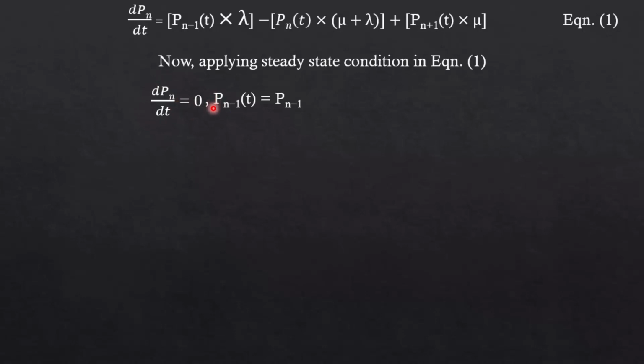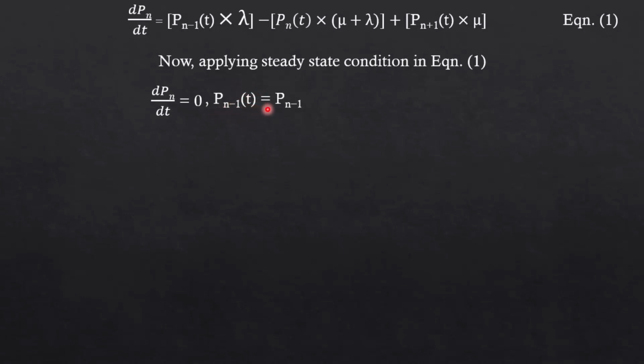Similarly, the probability of n minus 1 customers in time t can be simply written as the probability of n minus 1 customers, because after applying steady state condition, the probability does not depend on time. So we do not need to write this t here.